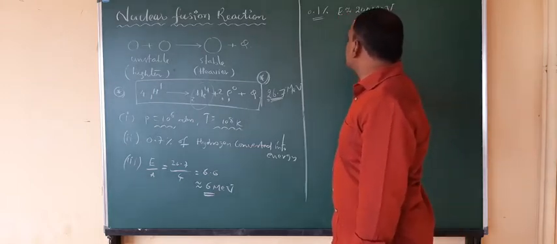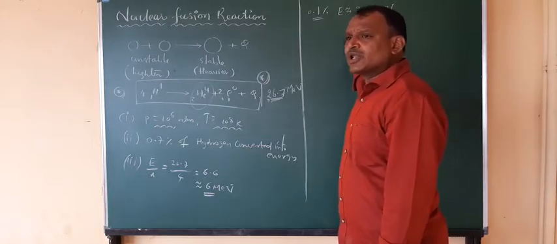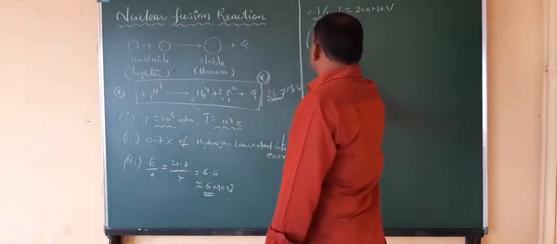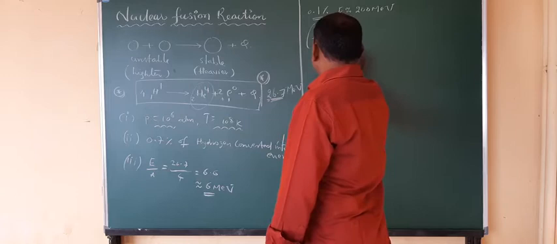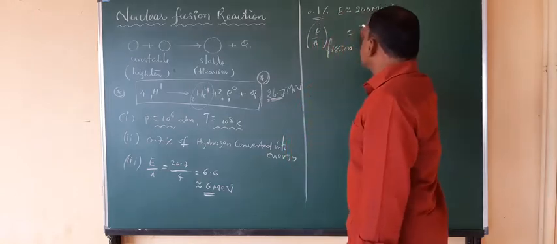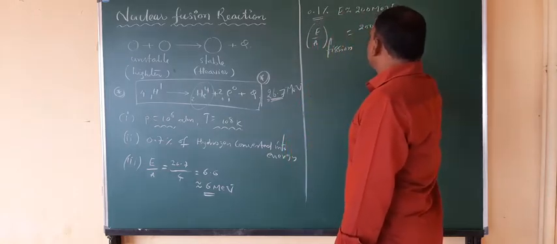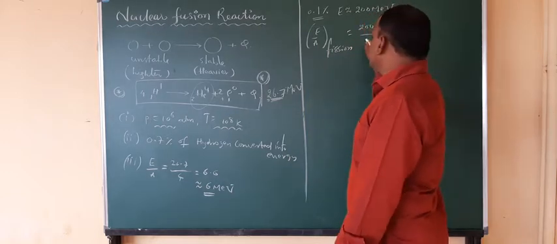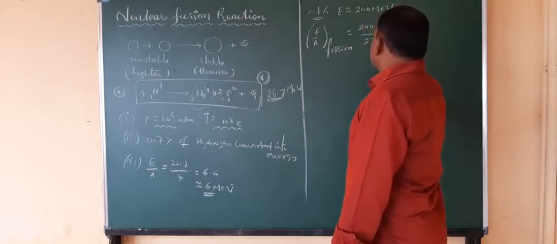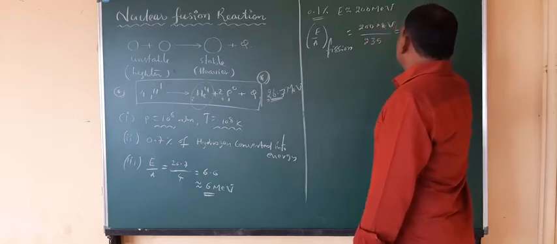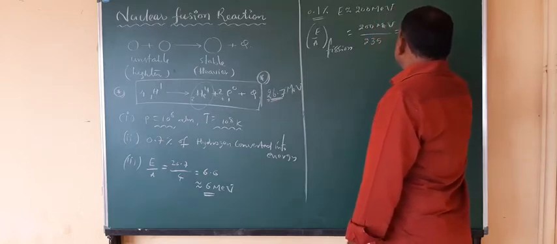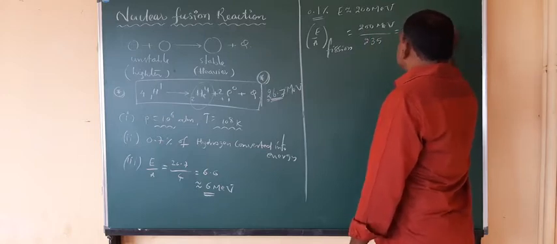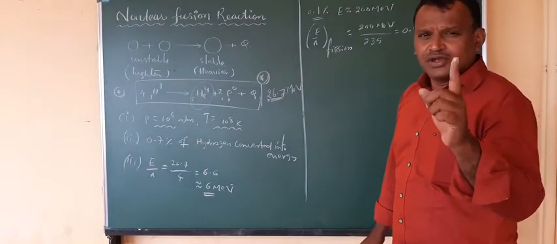Now here also, if you calculate the energy per nucleon, E by A, for fission, it is approximately 200 million electron volts upon the mass number of uranium, which is 235. This gives about 0.85 million electron volts of energy per nucleon.